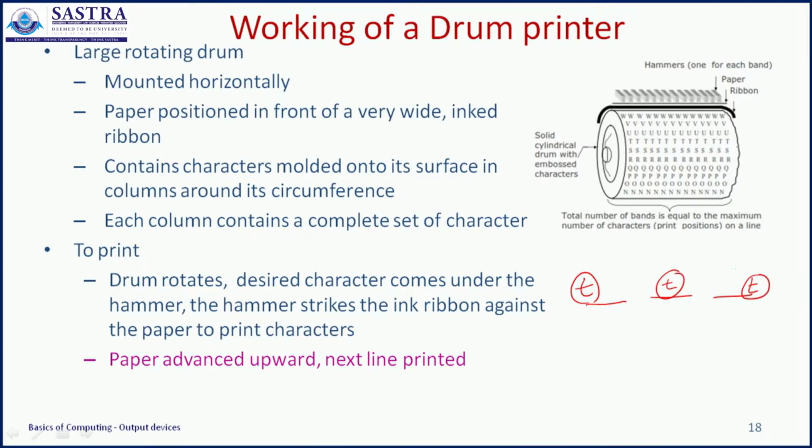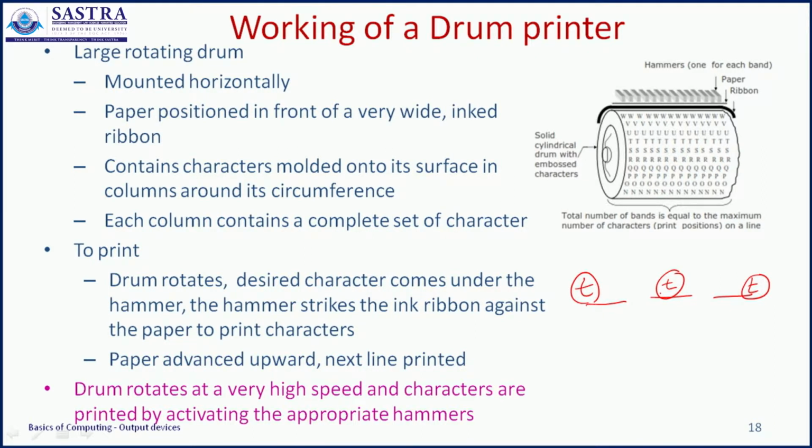Next, it moves forward and the next character comes, which is going to be S. If there are any S, they will be printed. Next is R. If there are any R, they will be printed. Like this, the drum printer works.